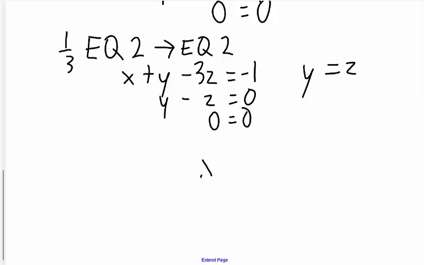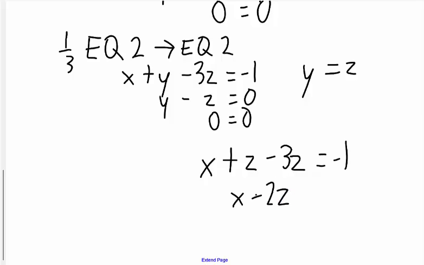So we can say x plus z minus 3z equals -1. So z minus 3z is x minus 2z equals -1. So we can say that x equals 1 minus 2z.